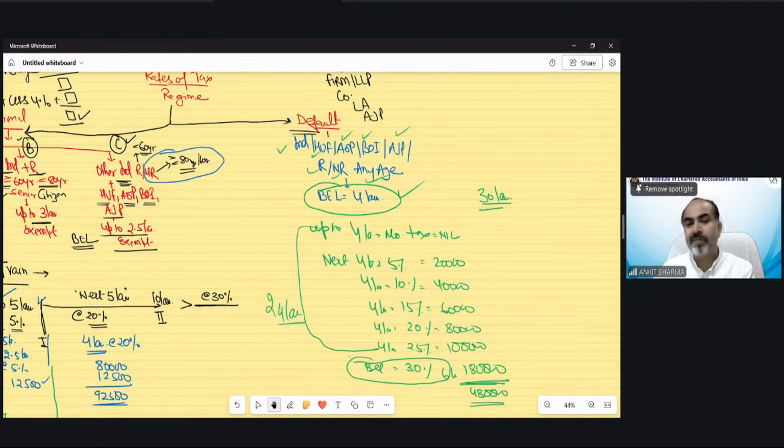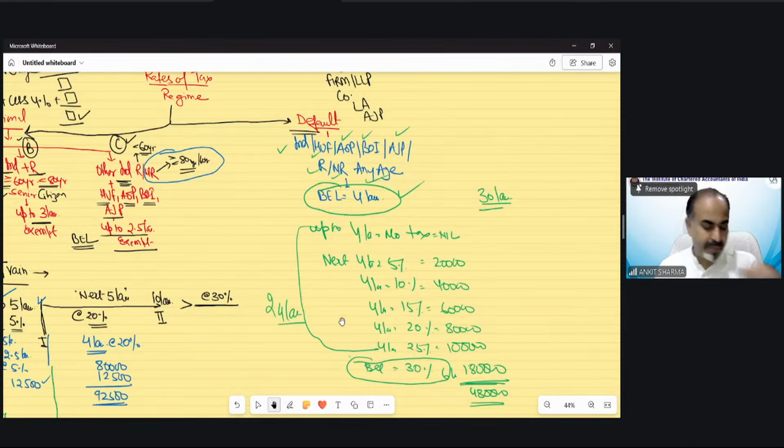Yes, this would be the same for all categories. In real life, do we choose? Yes, in real life, we choose which is more beneficial to the assessee. We calculate tax via both methods, and then we choose the one in which the tax could be minimized.